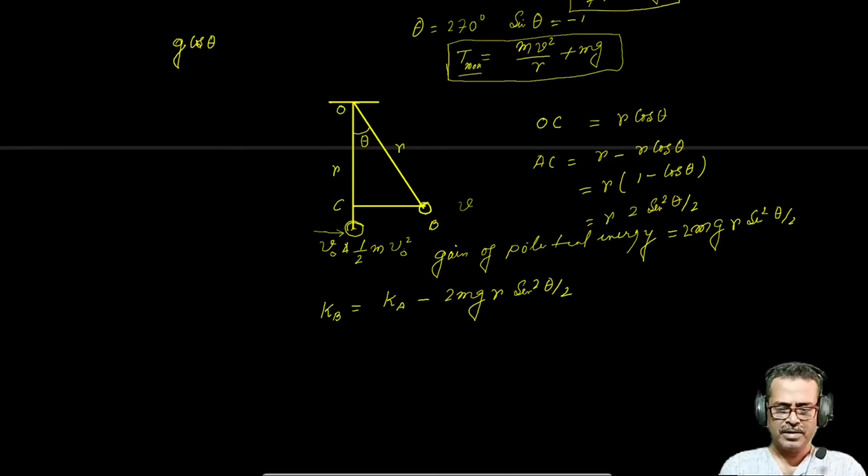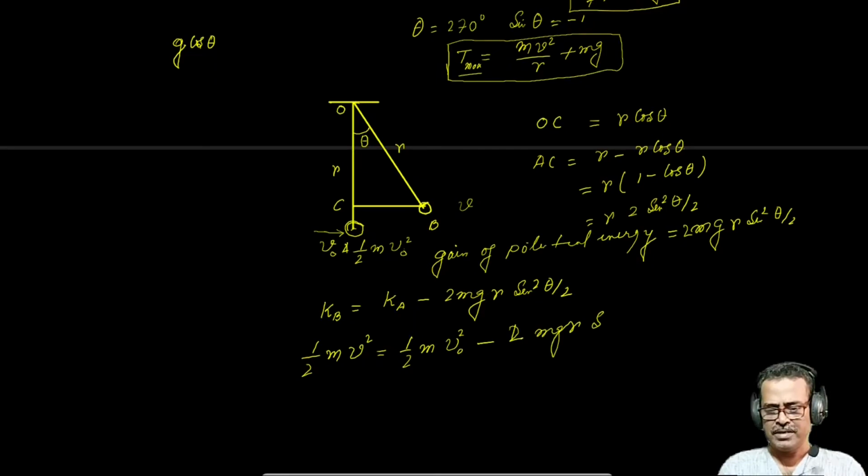K at B is equal to half m v square, where v is the velocity at any point when it makes theta degree, and this is half m v0 square, that is the initial kinetic energy, minus 2 mg r sin square theta by 2.